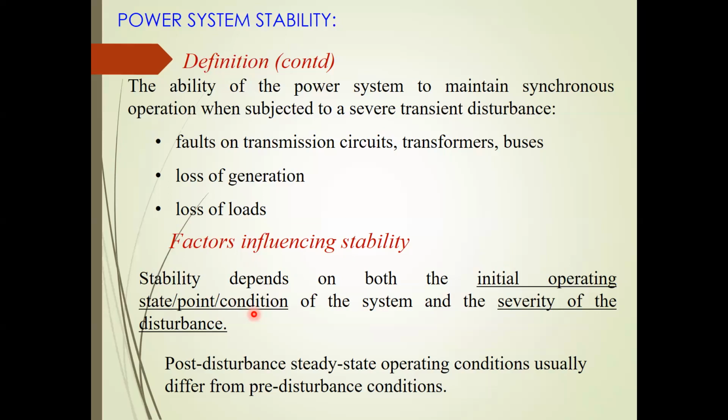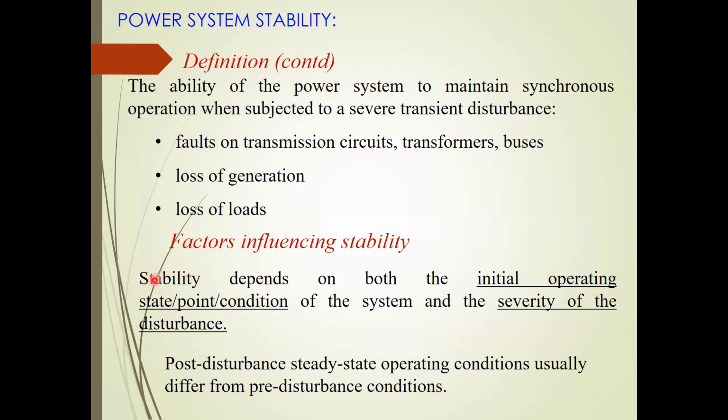And if all the generators in a power plant are fully loaded, then if there is a load increase, do you think the generator will be able to meet the demand? It may not be possible. And in that case, the stability will be affected.